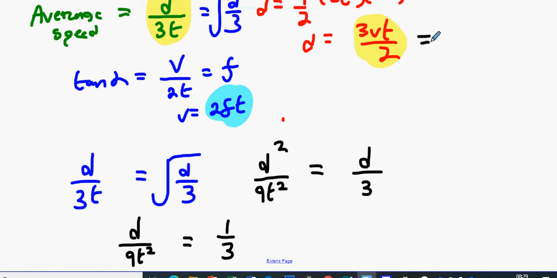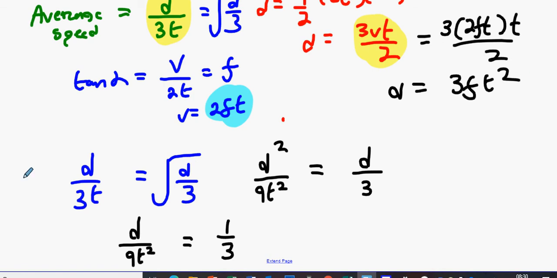I could get rid of v, so I can say that d equals 3 times 2ft times t over 2. Alright? So what would be the direct substitution for d then? I think it's 3ft squared.